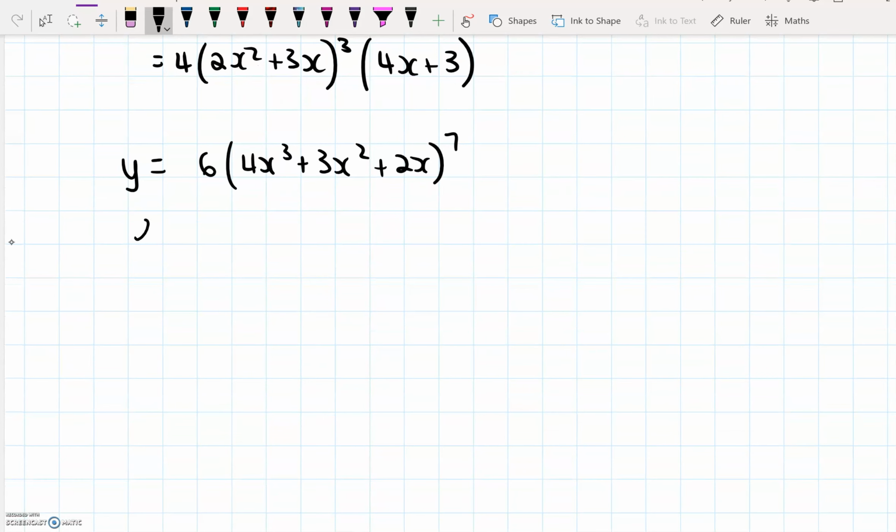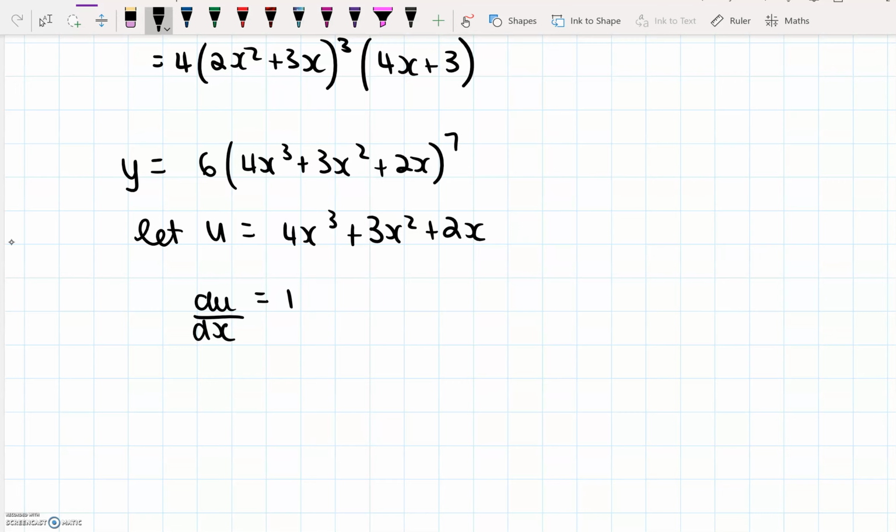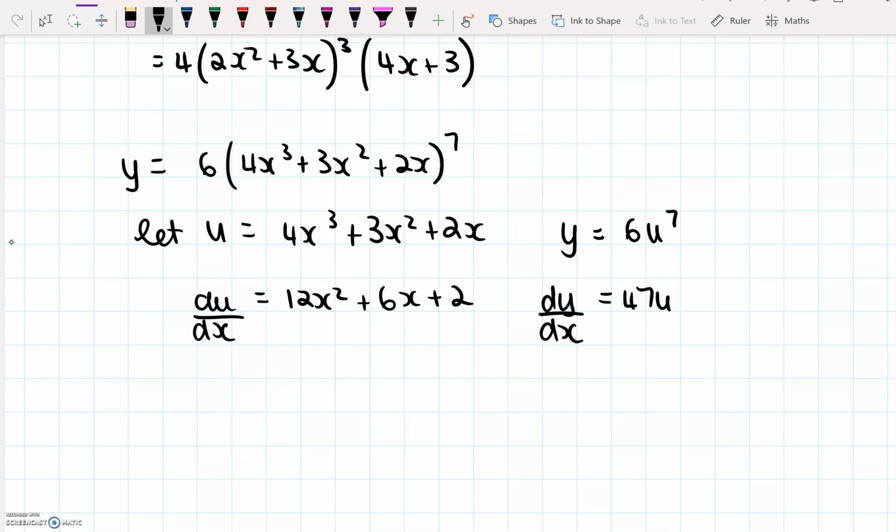So let u equal 4x cubed plus 3x squared plus 2x. Then du dx is equal to 12x squared plus 6x plus 2. y in terms of u is equal to 6u to the power of 7, so dy du is going to be equal to 42u to the power of 6.